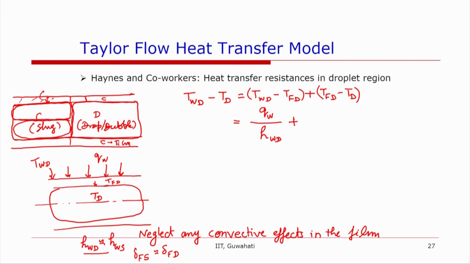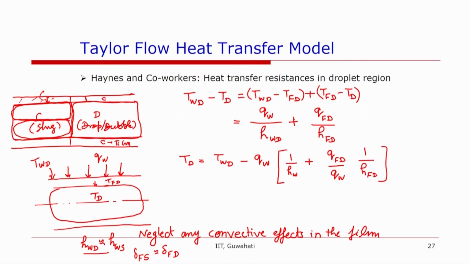in the droplet region plus TFD minus TD. So, TFD minus TD will be QFD divided by HFD. Now, we can write this expression as TD is equal to TWD minus QW into (1 over HW plus QFD over QW into 1 over HFD).